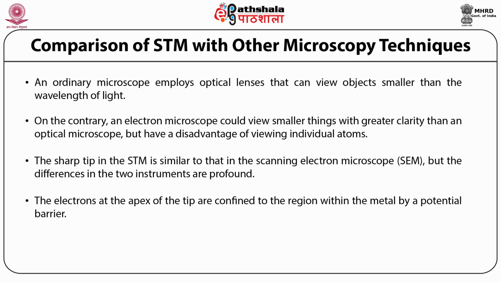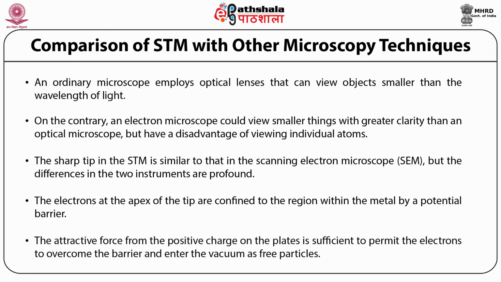The electrons at the apex of the tip are confined to the region within the metal by a potential barrier. The attractive force from the positive charge on the plate is sufficient to permit the electron to overcome the barrier and enter the vacuum as free particles.